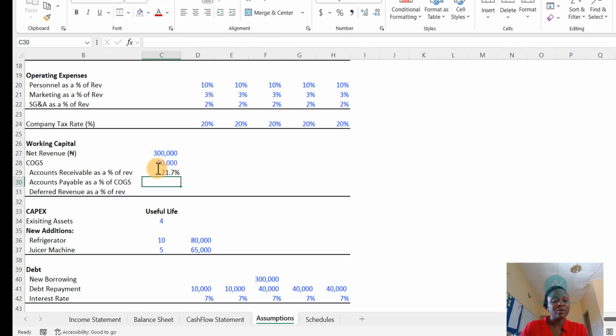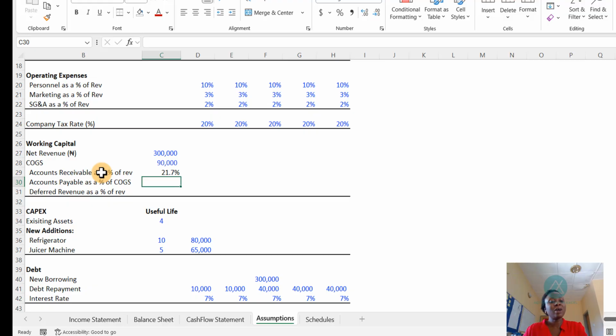Then enter. So it's 21.7%. Says account receivable as a percentage of revenue, which is account receivable divided by the revenue. So 21.7% of revenue is account receivable.